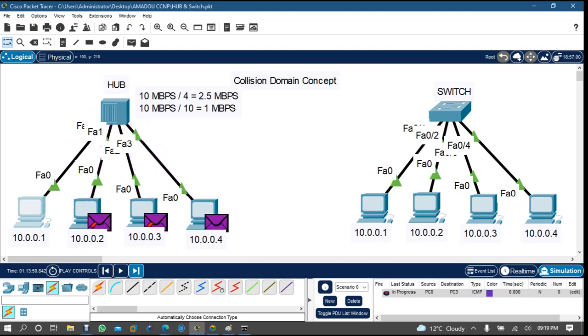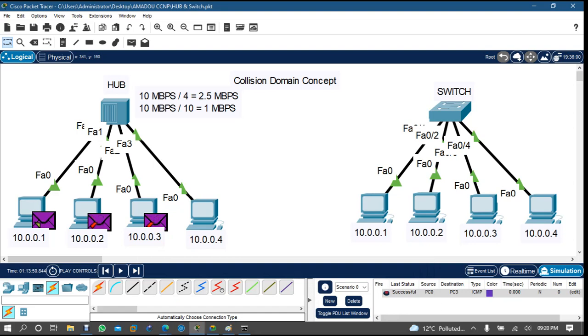These two computers say, no, it's not my data, so this computer accepted the data and now replies. Again the reply packet goes to the hub, and again the hub says, I don't know. For this small network, the hub is doing these kinds of silly things.